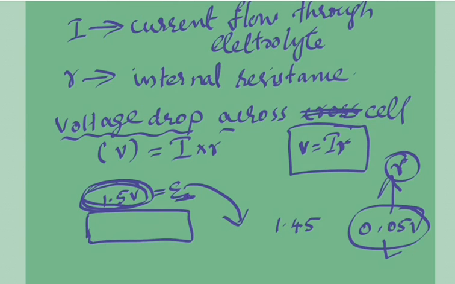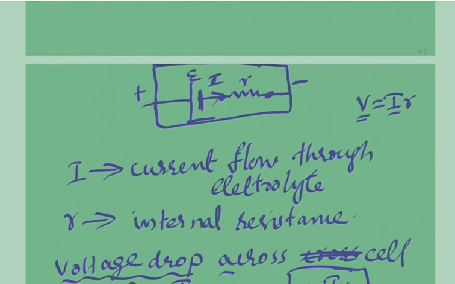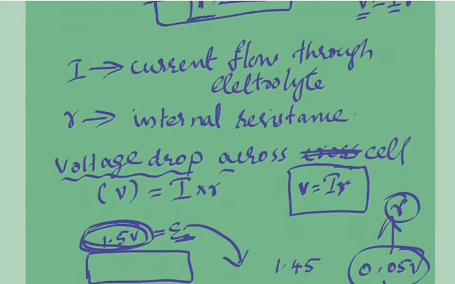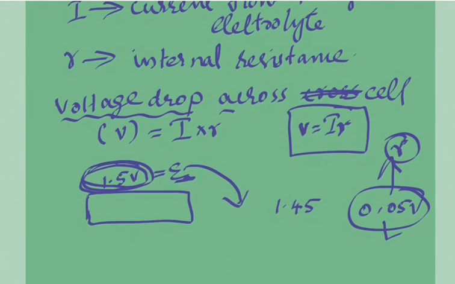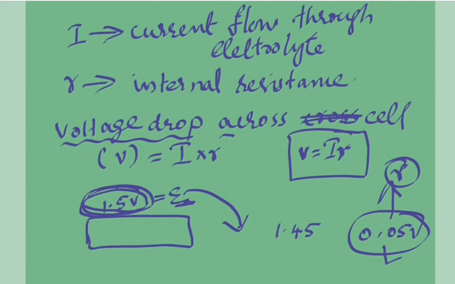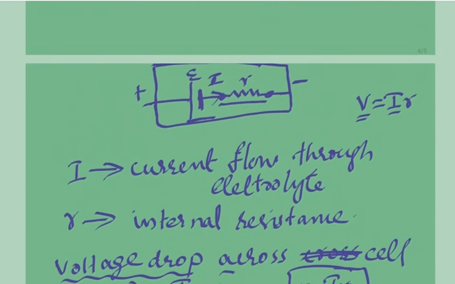But wherever we need to consider the internal resistance, we have to keep in mind all these points. That is, we have to draw a resistance in series with the cell, and also consider the voltage drop V is equal to I R, which is lost and which we won't get in the external circuit. So that is about the internal resistance of the cell.